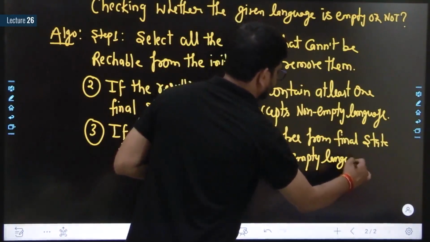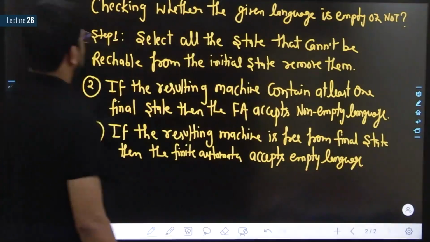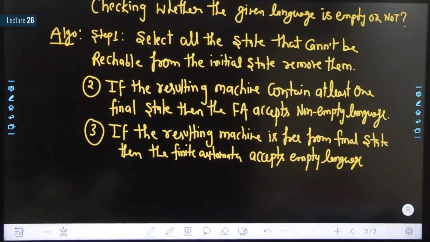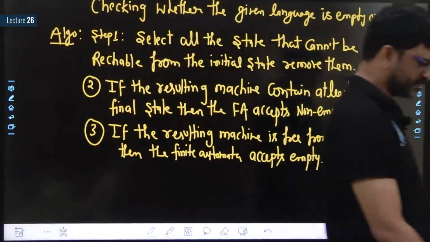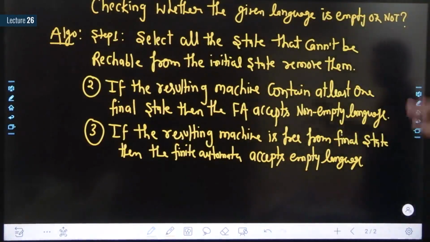This is the algorithm for emptiness problem. Please see. Note this. We will see some examples on the emptiness problem.